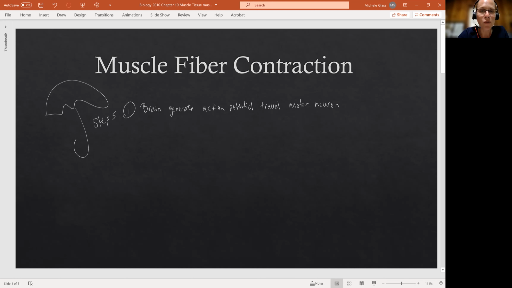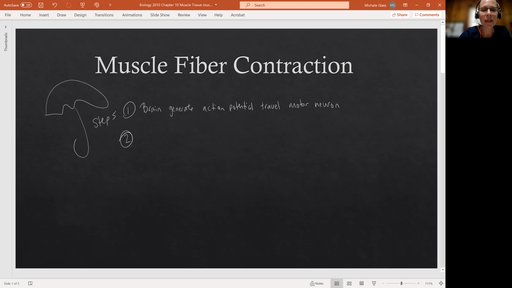The motor neuron we drew in our previous videos. So we had this idea of a neuron with part of its body being in the central nervous system, and then its axon, or that extension, going out through the nerves.